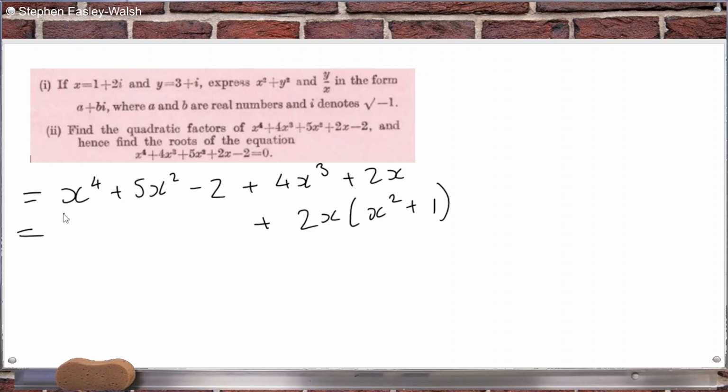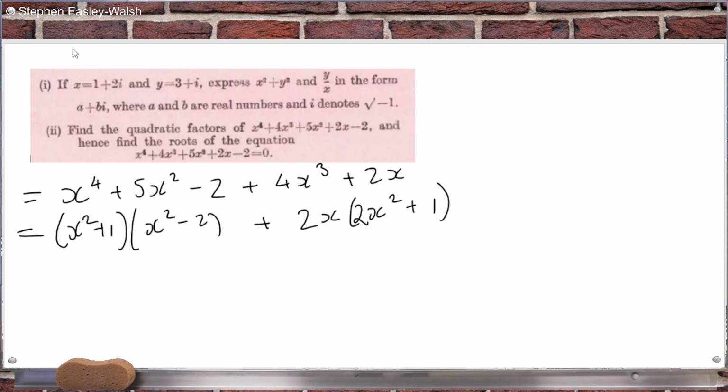And here I can factorize this as x squared plus 1 times x squared minus 2 maybe. That's x4, that's minus 2. Oh, sorry, that's a 2 there.